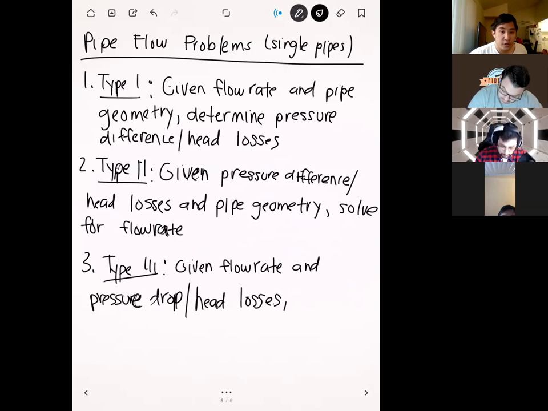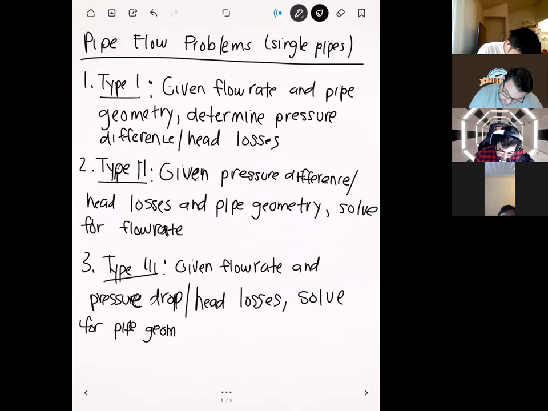And then given those things, you're going to be asked to compute the pipe geometry, things like diameter or length.